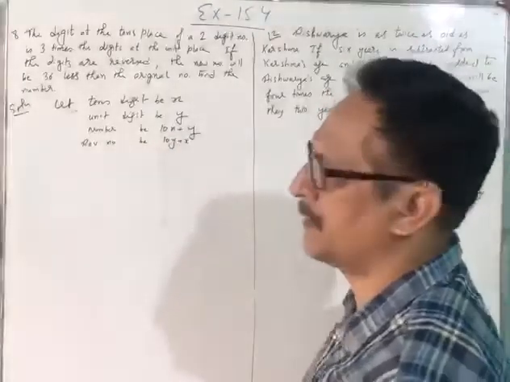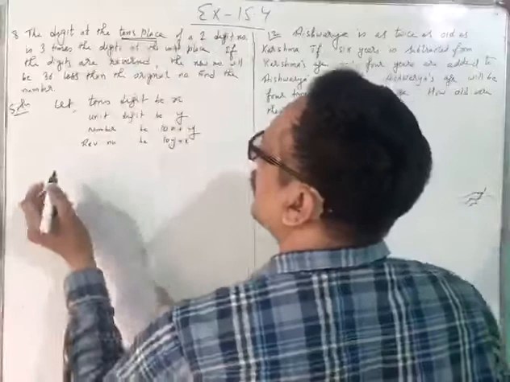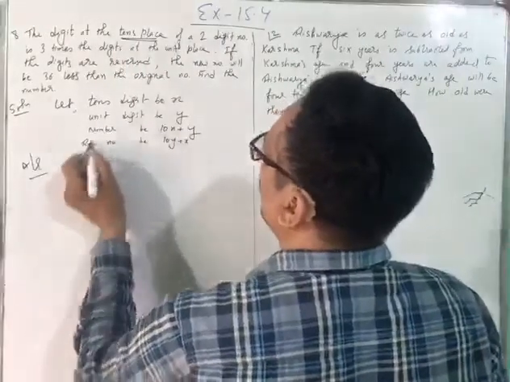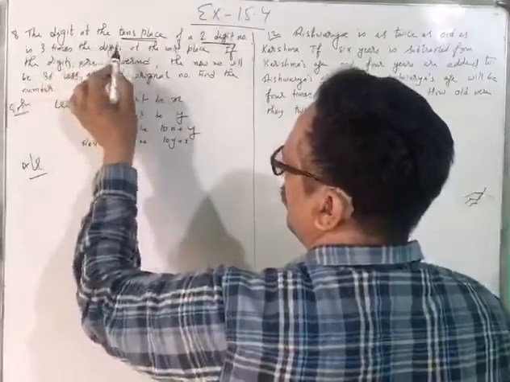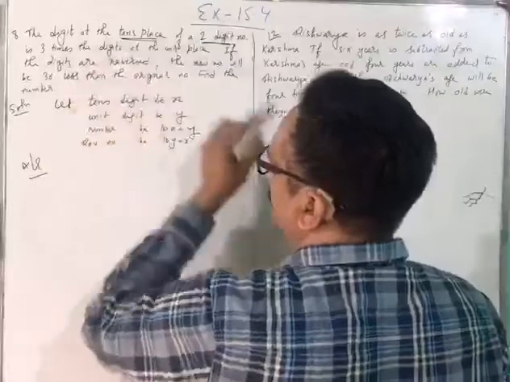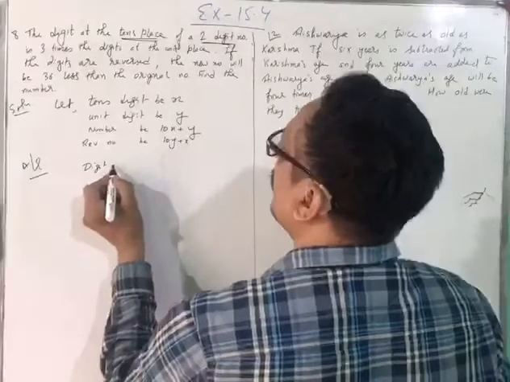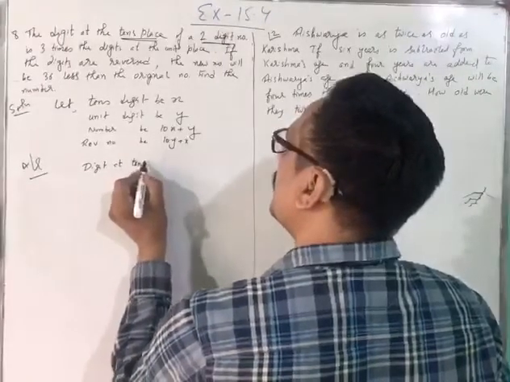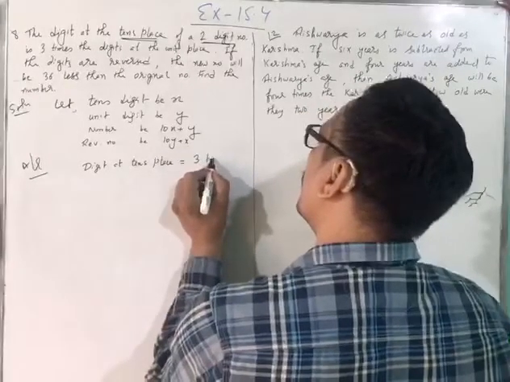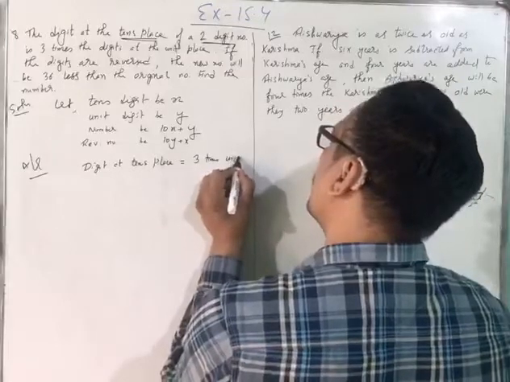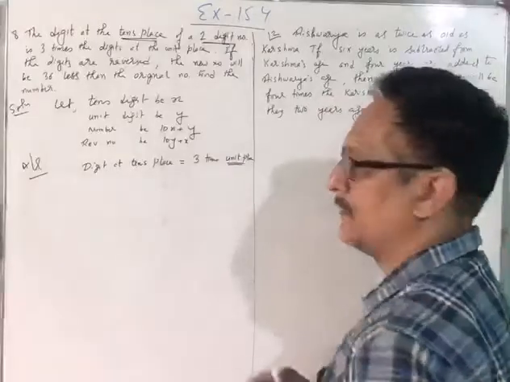Okay, so now listen to what is given in the question. According to the question, the digit at the tens place of a two-digit number is three times the digit at the unit place. This means the digit at the tens place is equal to 3 times the unit place.